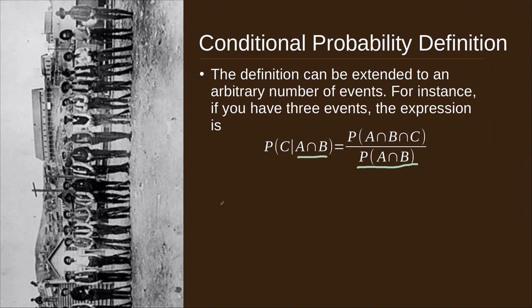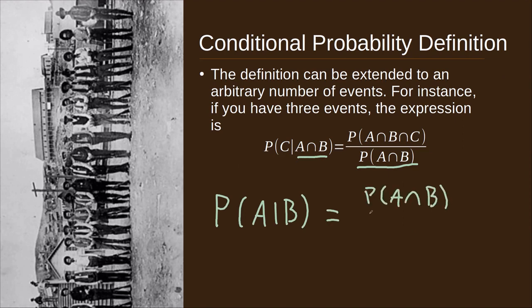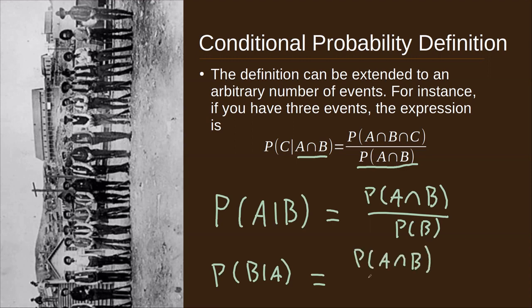So for instance, if we look at the 2 probabilities, you can either have probability of A conditioned on B, in which case you have the intersection at the top, and at the bottom, you now need to have the probability of B, because that is what we conditioned on before. But you can just as well flip these events around. And then you end up with the symmetrical situation where you now have the probability of A in the denominator.